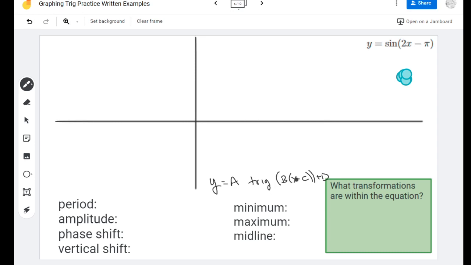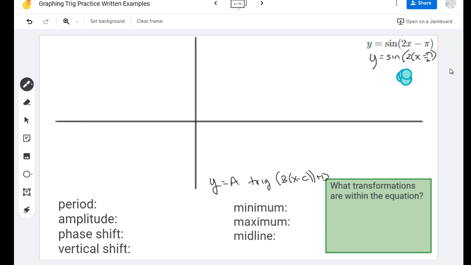So when we don't have our expression written in this form, we can't accurately define what our phase shift is otherwise. So what I'm going to do on our equation is I'm going to factor that 2 out of this expression. So 2x divided by 2 is x, and pi divided by 2 is pi over 2.